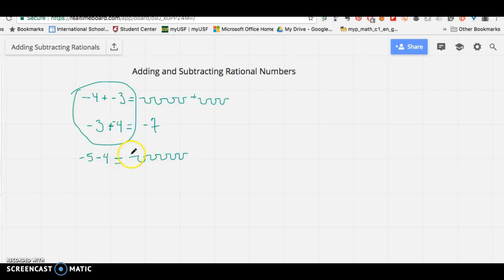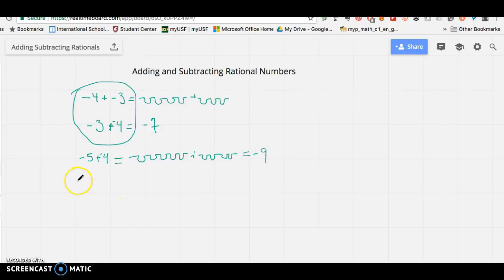I have my 5, and then I want the opposite of 4 piles. Remember the subtraction sign, the negative sign just means the opposite of something. So this is the same as adding the opposite of 4, or adding 4 more holes. 1, 2, 3, 4. And that would give me a total of 9 holes.